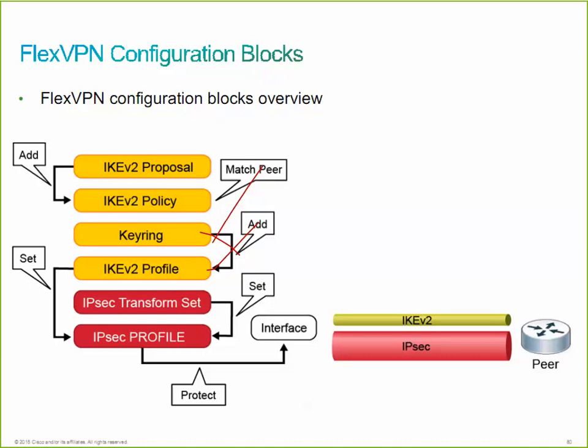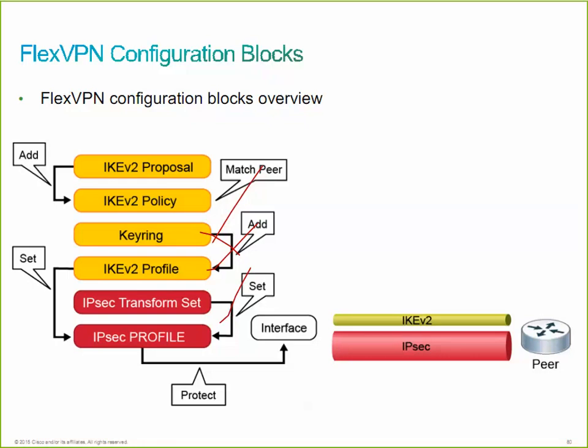All right? Then we have our IPsec transform set. That's going to specify all the acceptable combinations of security protocols that are going to be used for phase 2 of the encryption process, right? The IPsec SAs. What kind of encryption am I using? What kind of hashing method am I using? What's my rekeying policy, etc. Okay? And then finally, the IPsec profile. All right?